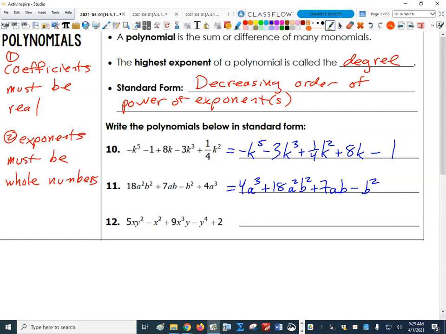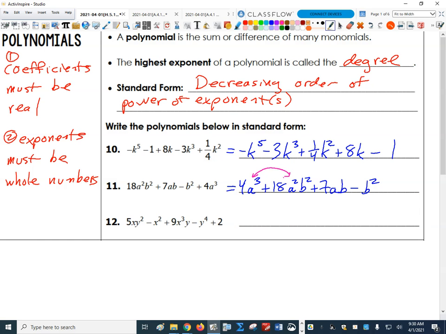Because if I look at the combined power of the exponents, this is a to the 1 times b to the 1. So the combined power of the exponents is 2, and the combined power of the exponents there is 2. But look at these first two. I would say that in certain circumstances, I would exchange those. How come? Because the powers are equal to 4 on it. There you go. Yep, exactly.